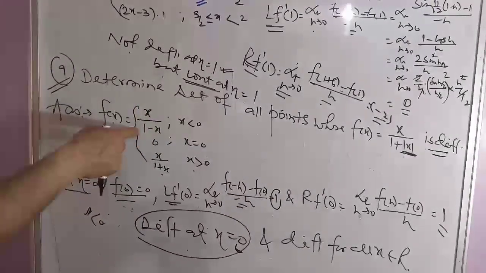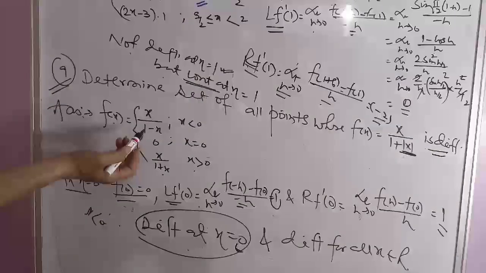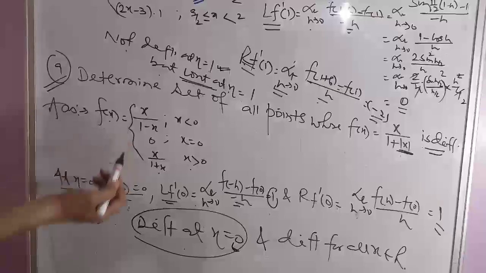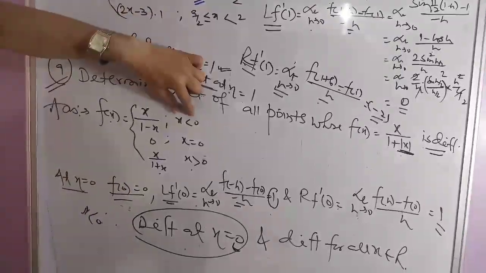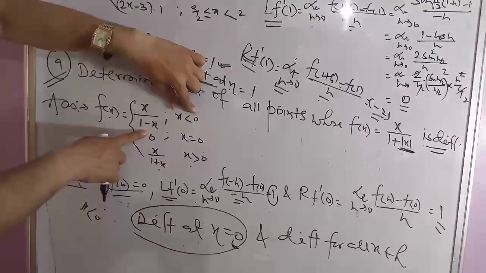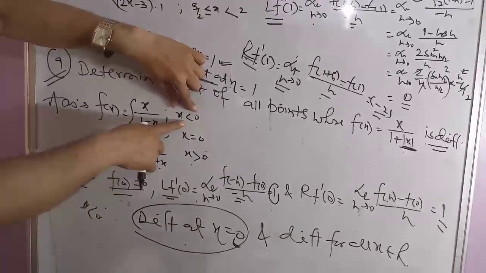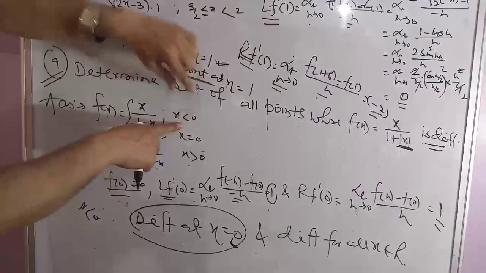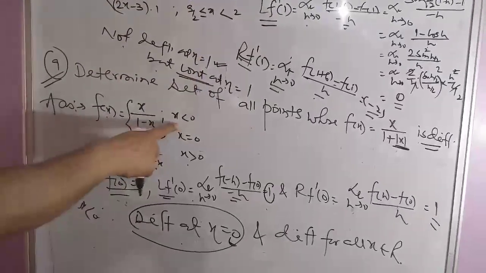The only problem is when the denominator equals 0, that is x = 1. But we have the case x < 0, and x = 1 does not belong to this interval. So f(x) is differentiable in the region x < 0.